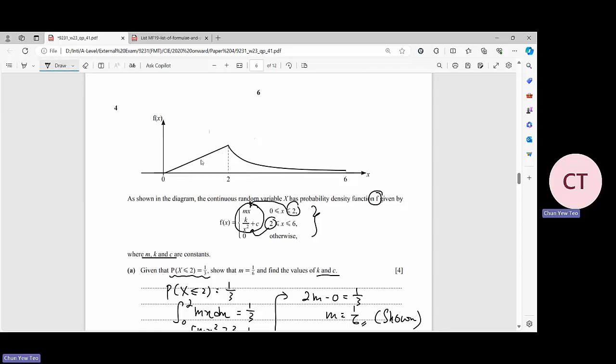The upper quartile must fall into here because this area will be 0.25, 1/4. The total area just now given is 1/3, and 1/3 is greater than 1/4, right? So the lower quartile must be in the first piece of the function. Then your upper quartile will be this part over here, which is also 0.25.